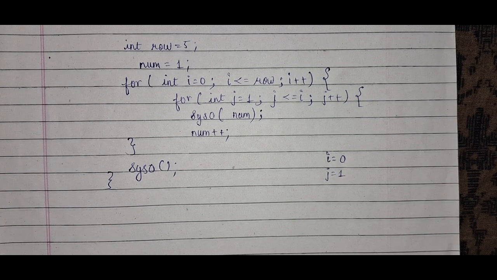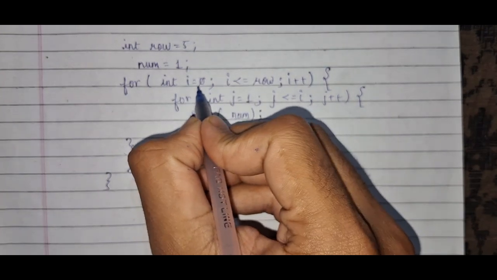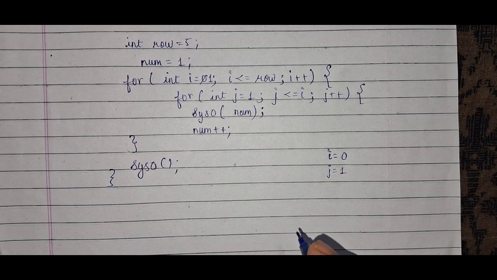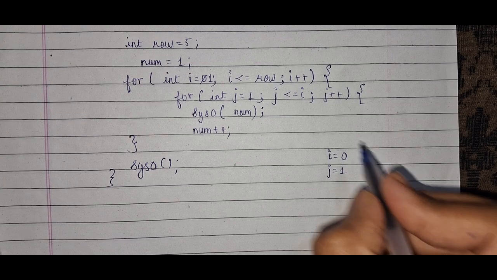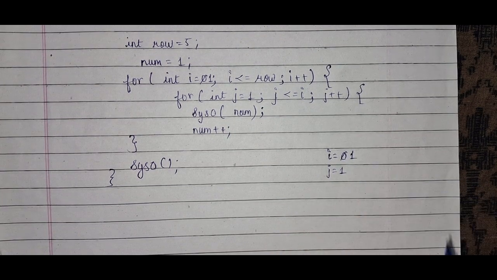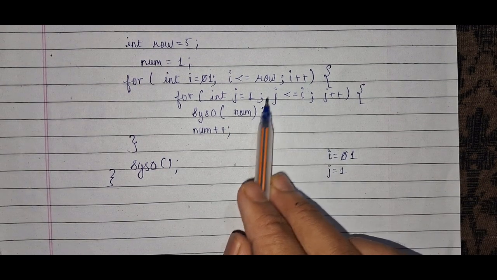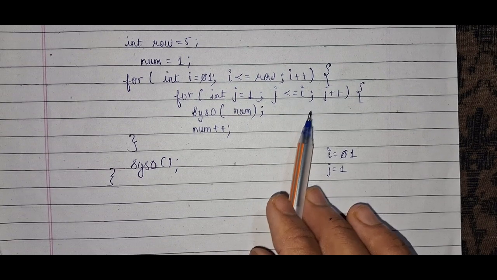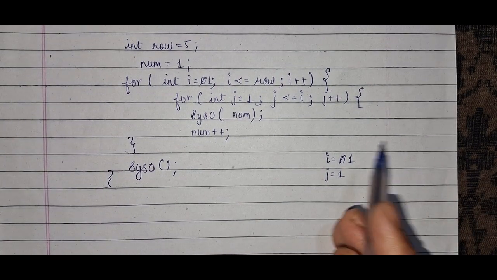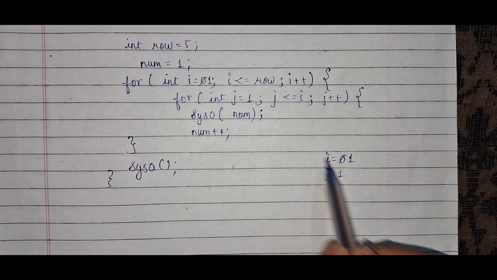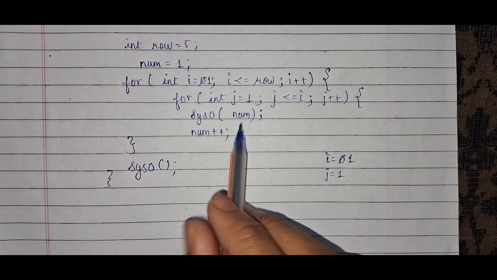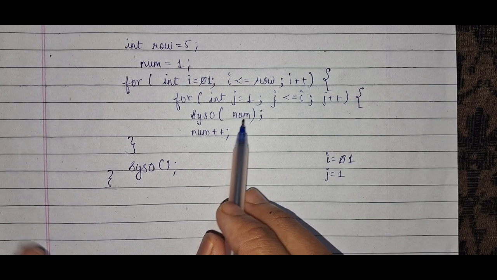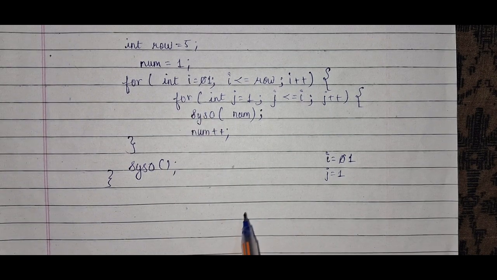Here the correction is we have to initialize i to 1 only. So here also 1. So j should be less than or equal to i, means 1 is less than or equal to 1, the condition will be true, then it will print the number. Okay, the number is 1.